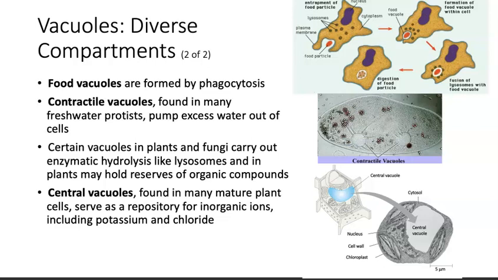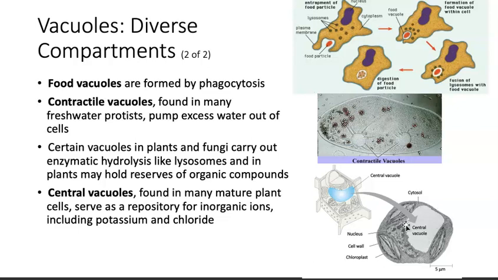Some vacuoles that you find in plants and fungi have structures that are like lysosomes, but have different compounds, so we don't call them lysosomes. We give them other names, but they're very much like lysosomes. And then, of course, we have the big central vacuole inside of plant cells.